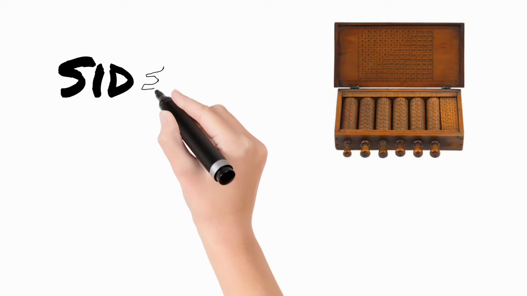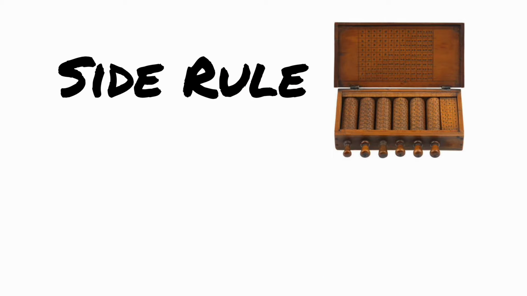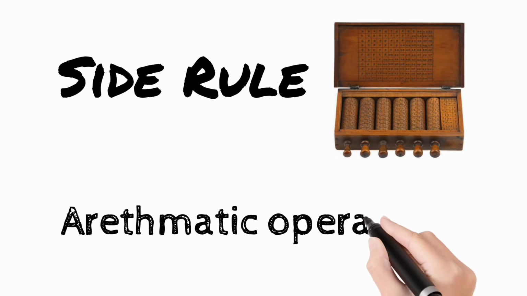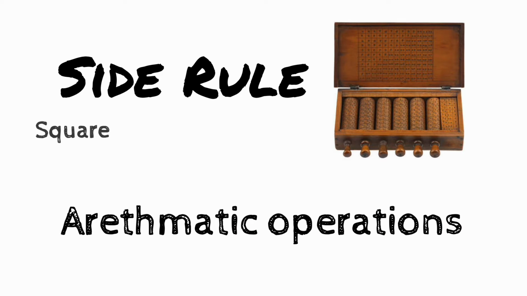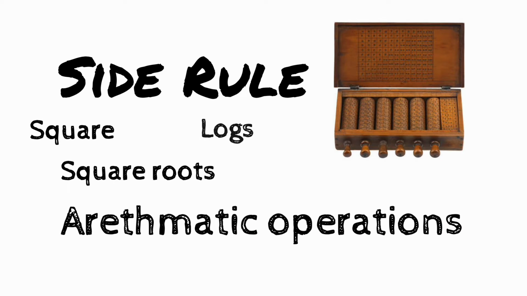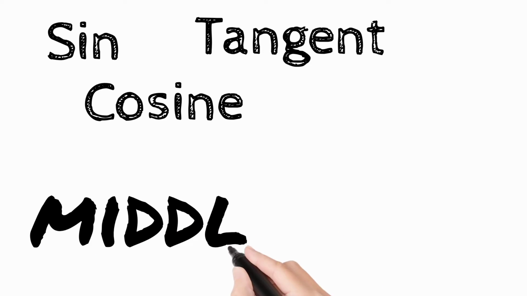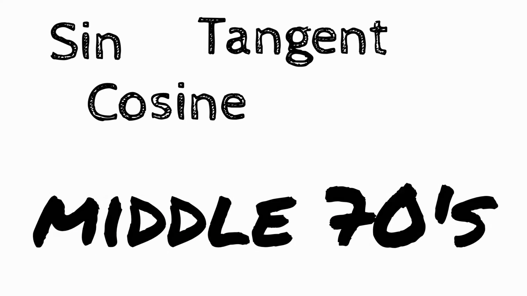Several people used the concept of logarithms to develop the slide rule. With the modern slide rule, you could not only perform arithmetic operations, but also calculate squares, square roots, logs, sine, cosine, and tangent. The slide rule was used till the mid-70s.